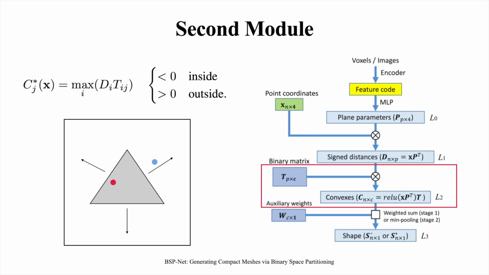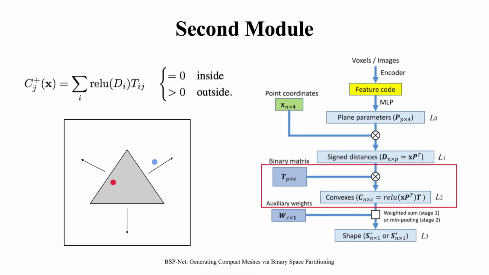So instead of observing the maximum side distance to a convex, now they apply a ReLU operation on the side distance matrix D. Then they add all the side distance values together. To see how it works, consider what happens after applying the ReLU function on the side matrix D. The ReLU will put all negative distances to 0 and keep all positive distances.